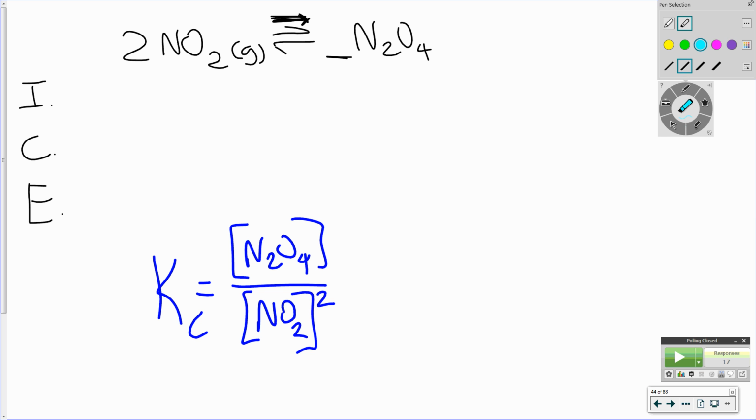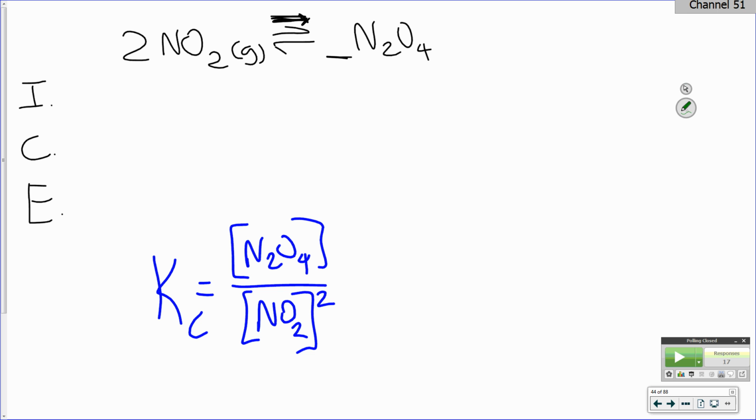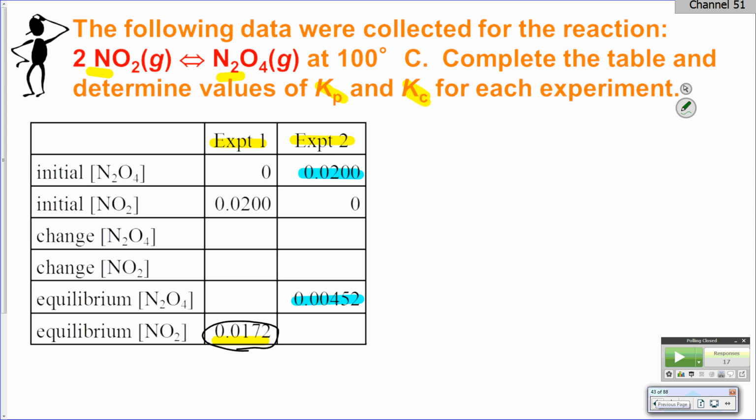All right, so now we had an amount of the product. Now there was none initially of the reactant. The product was 0.02 molar. And I looked how much of that product's there at the end. It's 0.00452.